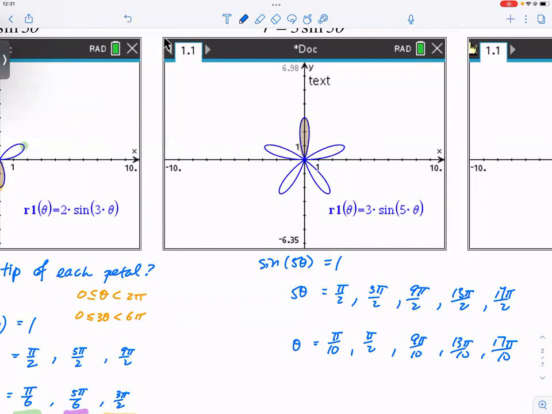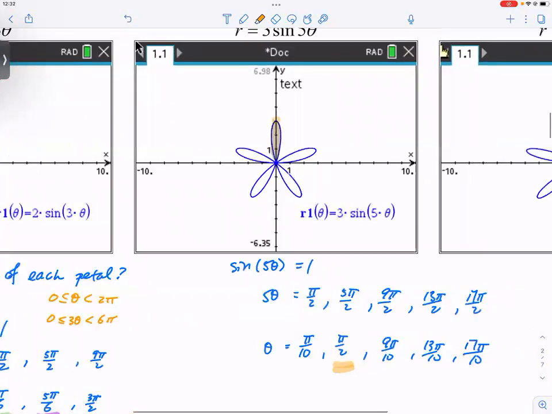And now, how do we know that it's on the positive y-axis? Right here. So this gives you a really easy way to tell where it is going to be located.